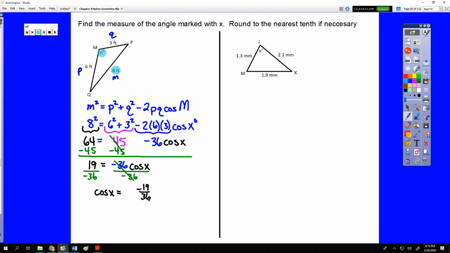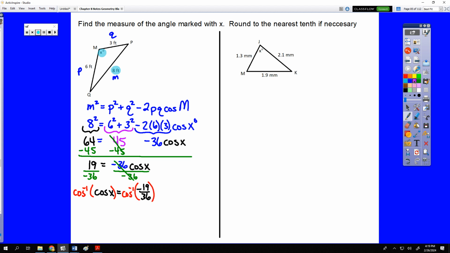Now I left space there on purpose, because earlier in the chapter when we did SOHCAHTOA, we talked about how to free a variable like x from the cosine function. To free it, we would need to take the arc cosine or inverse cosine of each side. So I left room so that I could show that work.